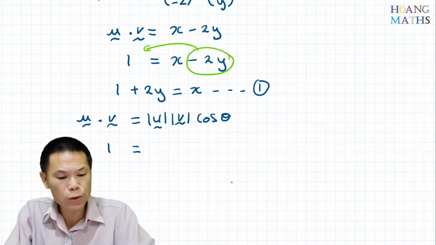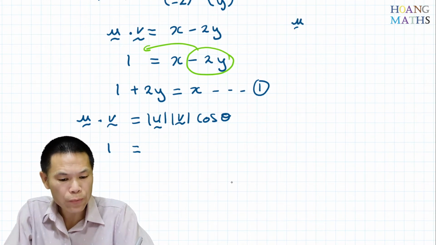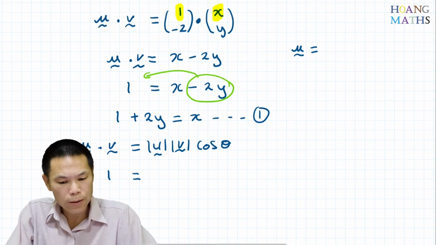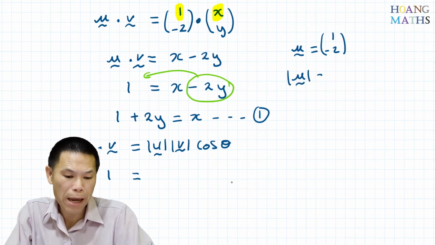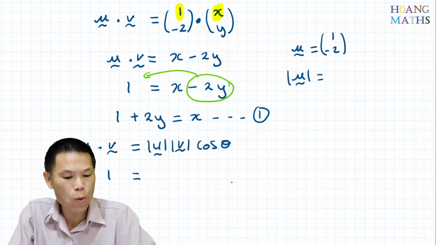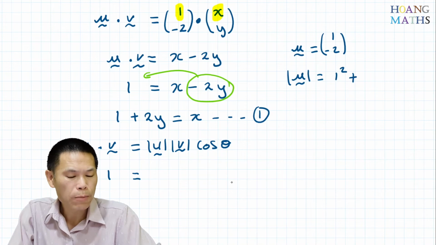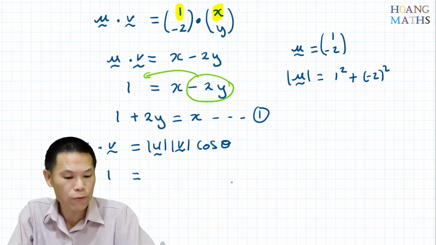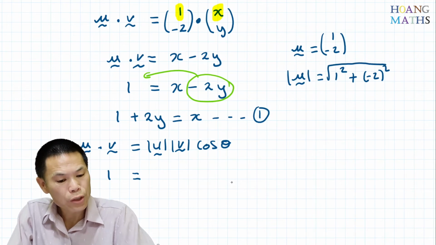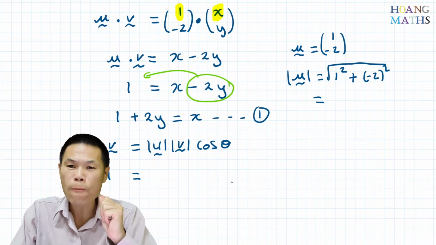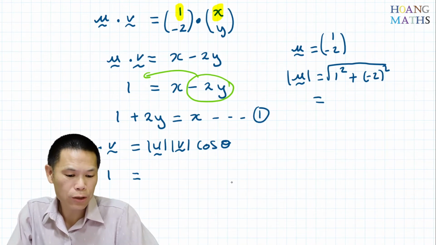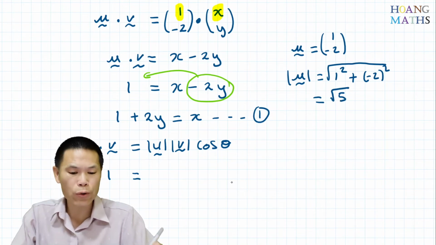So we know that u is equal to 1, -2. So therefore, the magnitude of u, by using Pythagoras theorem, we just go 1 squared is 1 plus -2 squared, which is like 2 squared, if you like, and square root. So 1 squared is 1 and 2 squared is 4. So we add them together, you should get 5. Okay, so square root of 5.